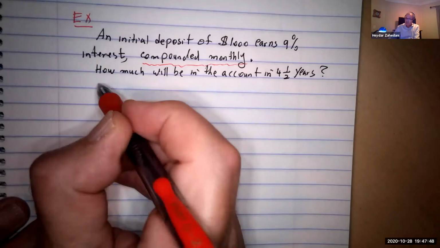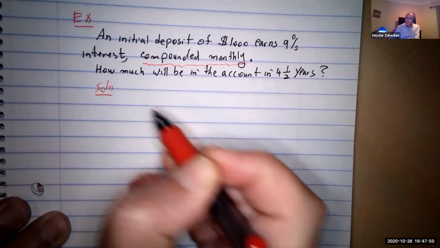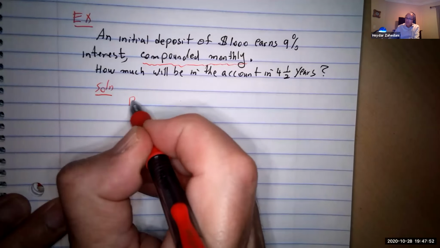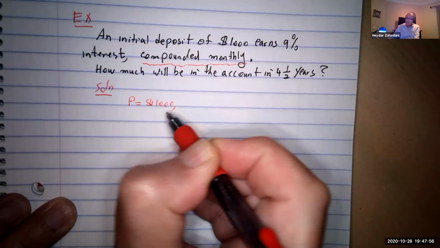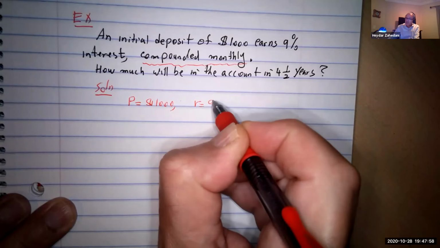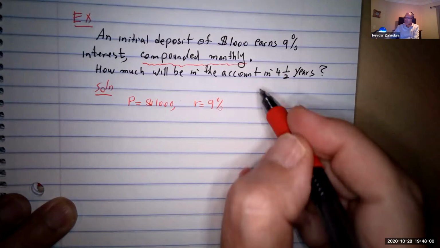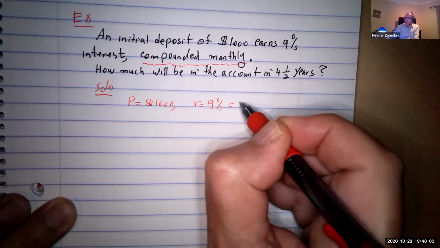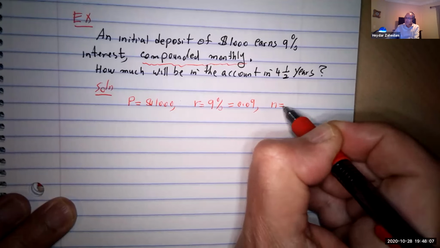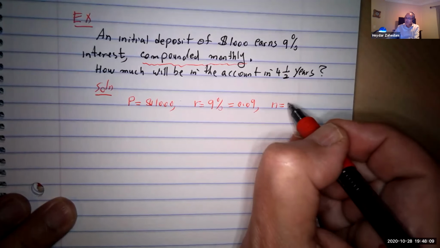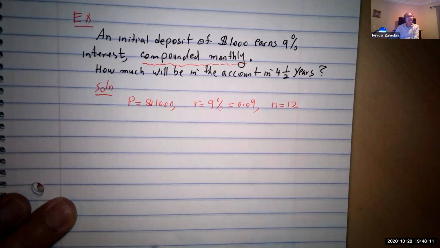So the solution is going to be, you identify that your money starting point is $1,000. Your interest is 9%, which is going to be 0.09. And the number of times that you compound is 12.